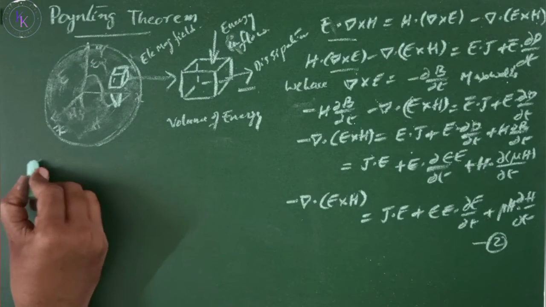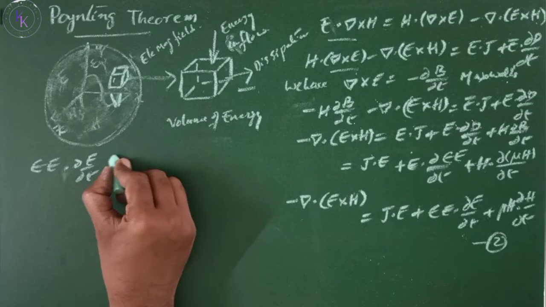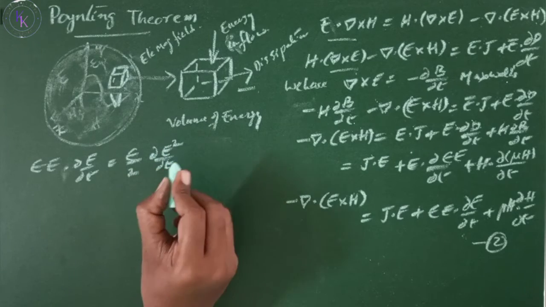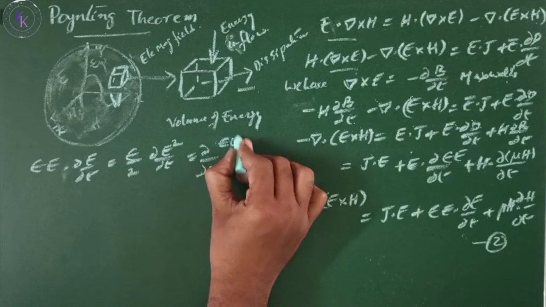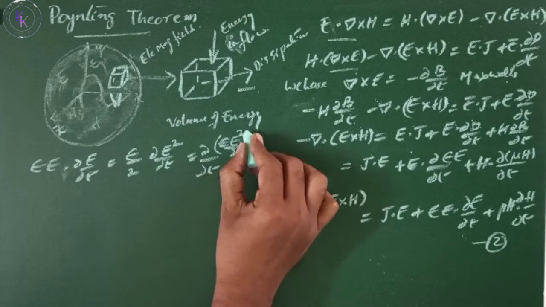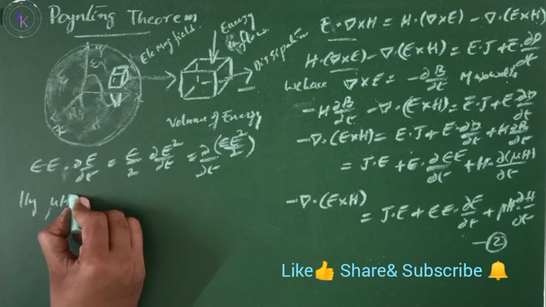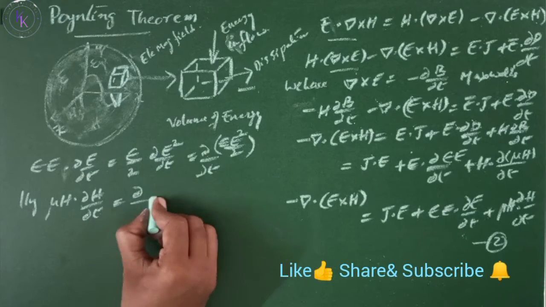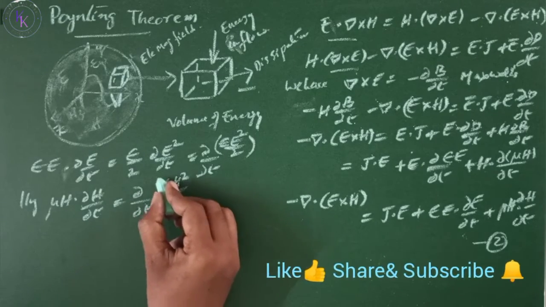Now we have epsilon E dot dou E by dou t equals epsilon by 2 dou E square by dou t, equals dou by dou t of epsilon E square divided by 2. Similarly, mu H dot dou H by dou t equals dou by dou t of mu H square by 2.